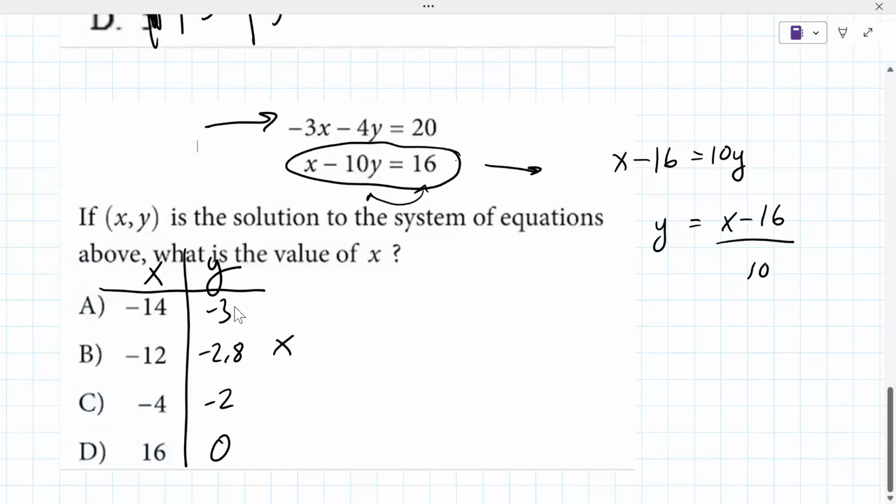You maybe make some decision. What do you think here? Well, C.